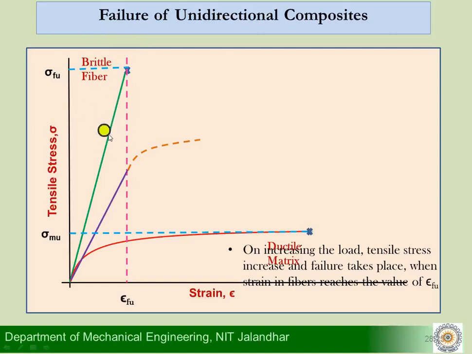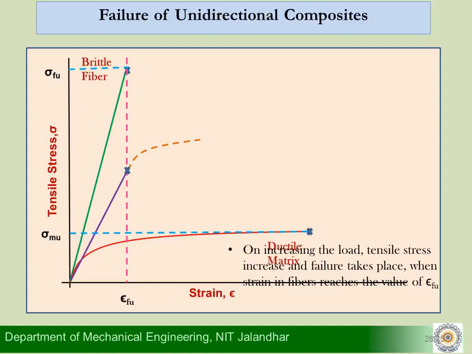Individually they fail by the green line and the red line, and their failure strengths are given by sigma fu and sigma mu, and accordingly the failure strains are epsilon fu and epsilon mu. I'm interested in what happens in this composite material, how it fails, and how we are able to predict the failure strength of the composite material here.